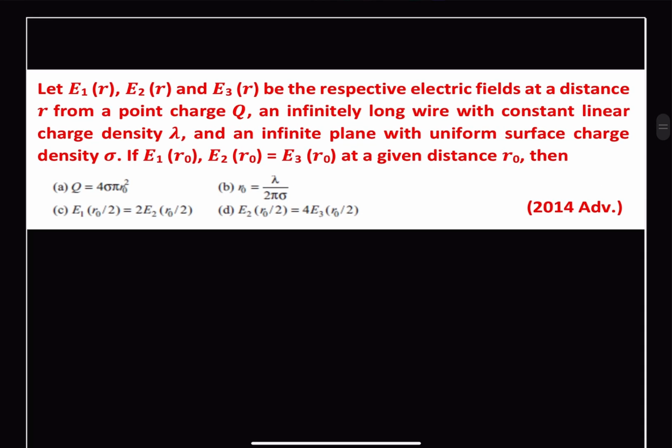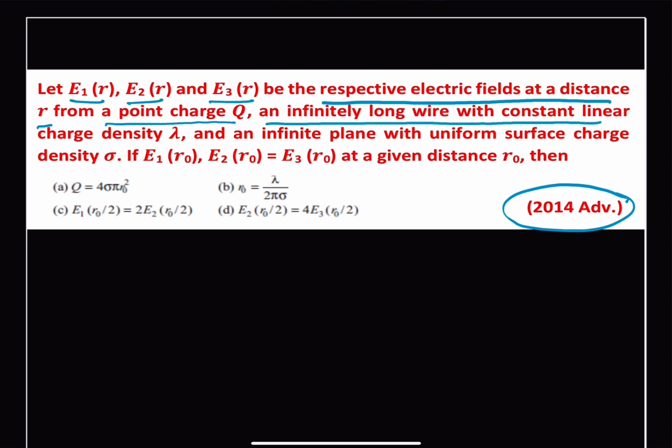It was also asked in the year 2014, and it states: let E1(R), E2(R) and E3(R) be the respective electric fields at a distance R from a point charge Q, an infinitely long wire with constant linear charge density lambda, and an infinite plane with uniform surface charge density sigma.